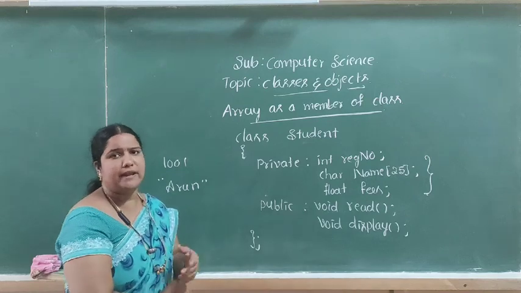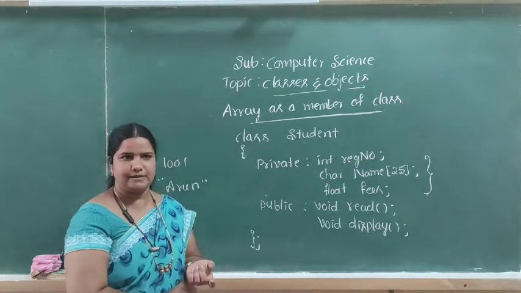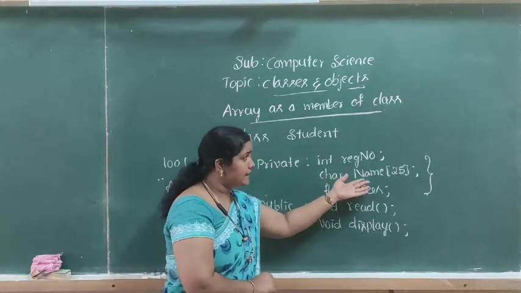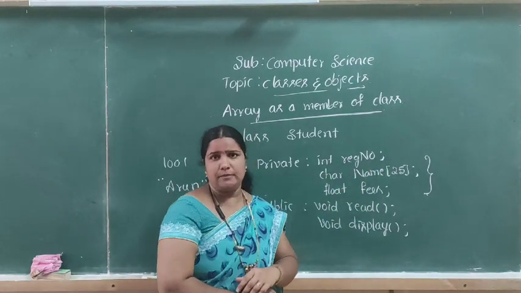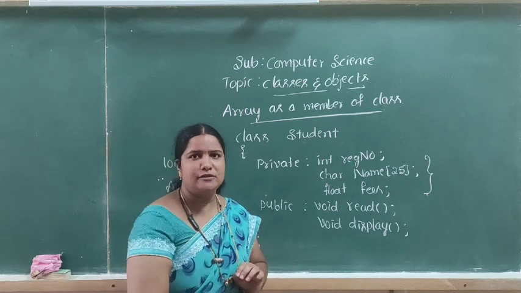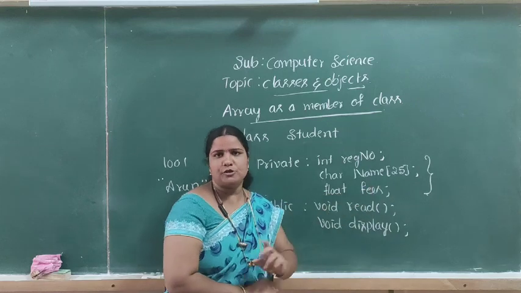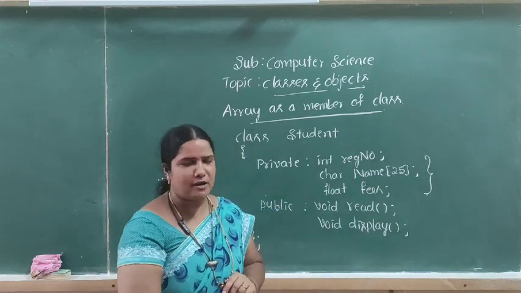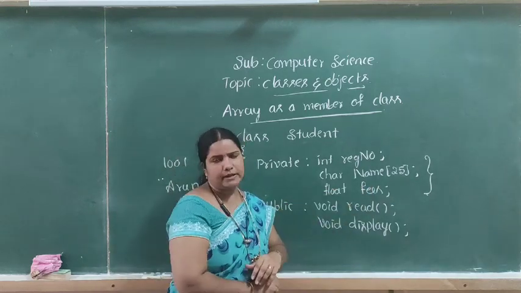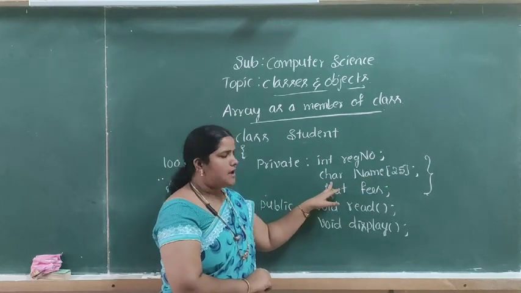Name contains a sequence of characters and has no fixed size, so the size is specified. The size should be a positive integer number, whatever size is required. Name contains a sequence of characters, so we take the data type char.